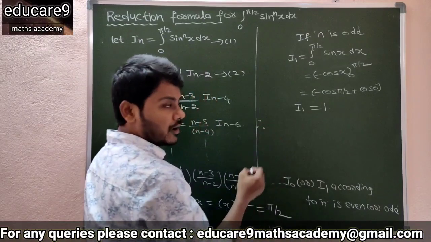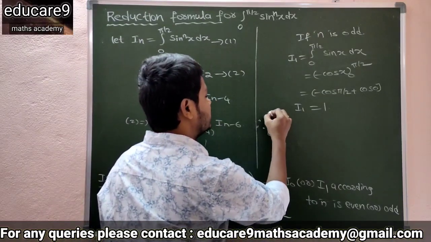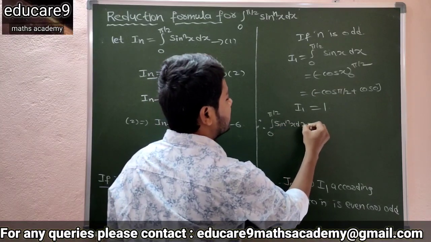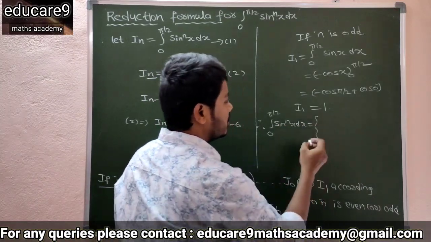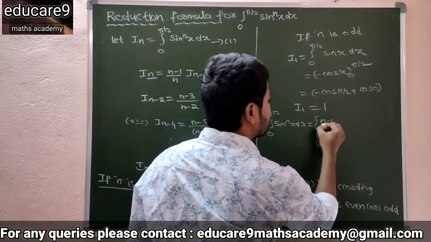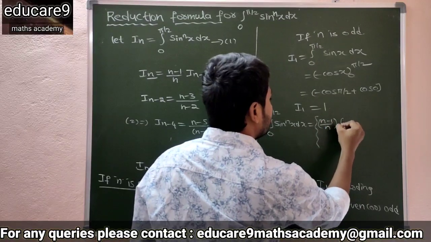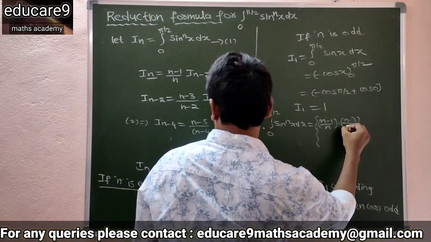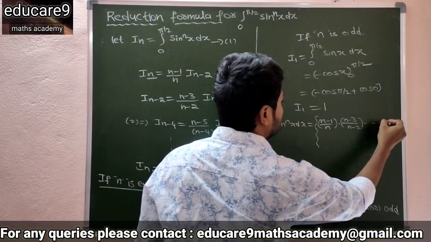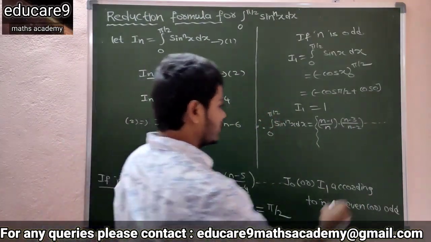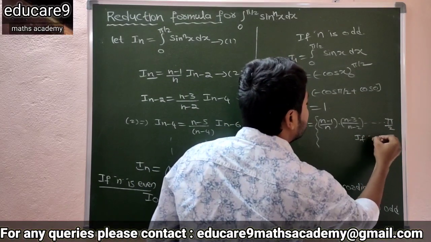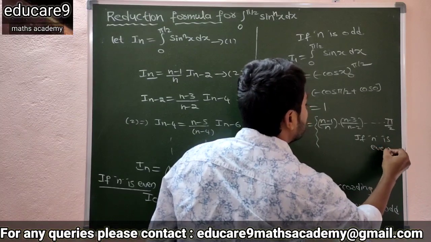So therefore the integral from 0 to pi by 2 of sin^n x dx is, see here, (n minus 1)/n, next (n minus 3)/(n minus 2), and so on, times pi by 2 if n is even.